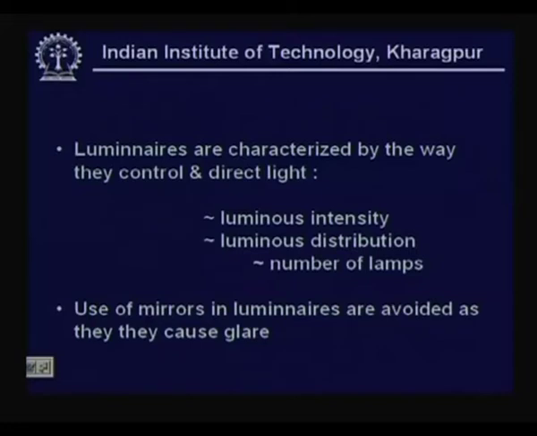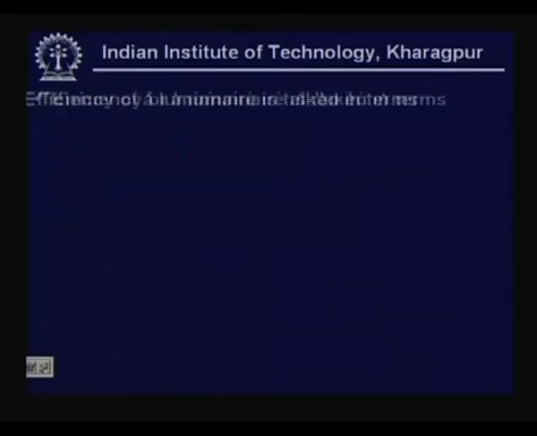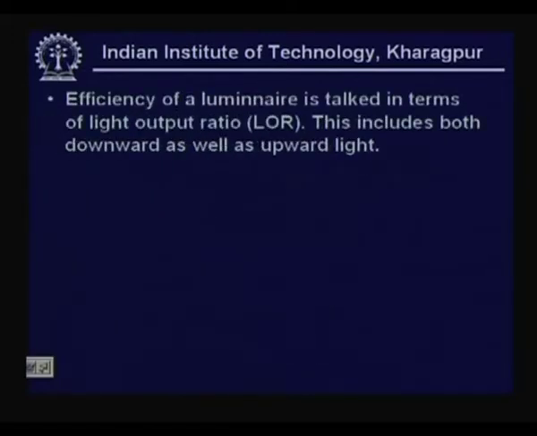Use of mirrors is to be avoided, but if used along with diffusers it is fine. Now, the efficiency of a luminaire is talked about in terms of light output ratio, which we defined as the light output with the luminaire to the total light output of the system without the luminaire.